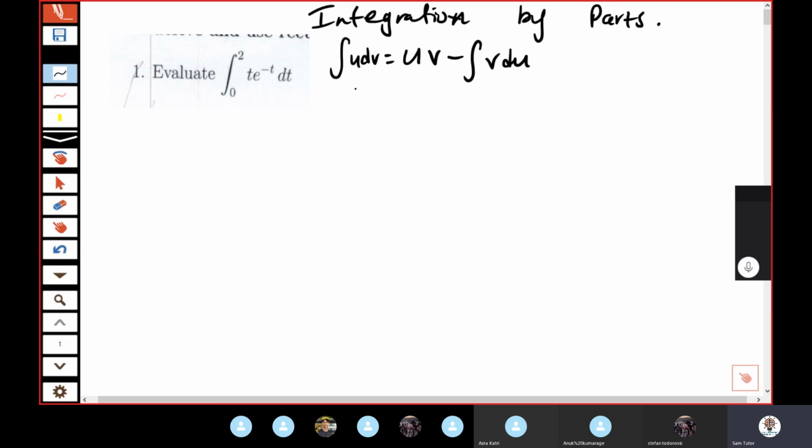But that's the formula. So technically, you're integrating u with dv, and you're allowed to break that up into u times v, which is already integrated, so you don't need to worry about that, minus the integral of v du. Okay.